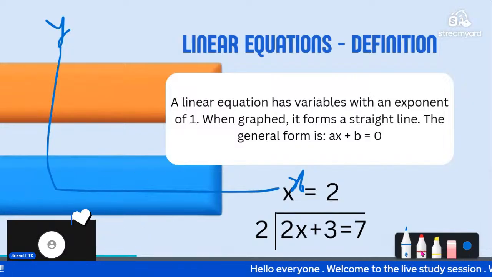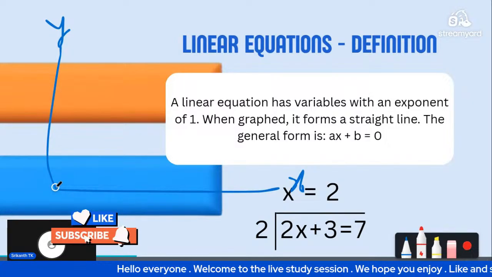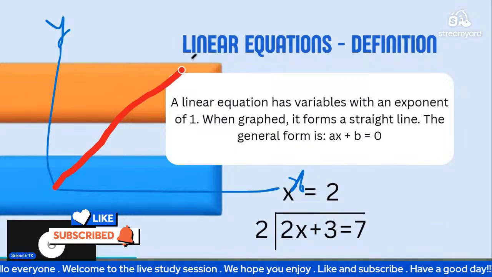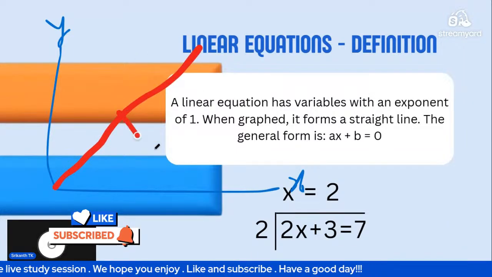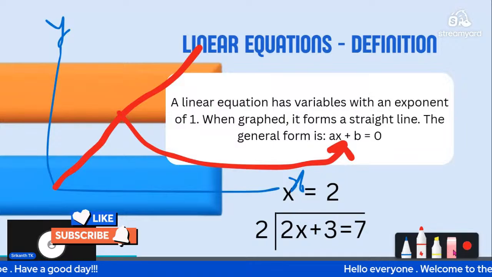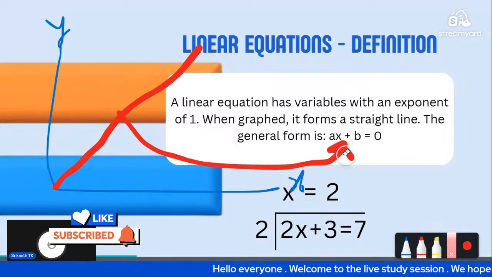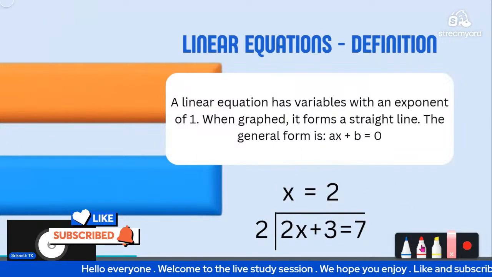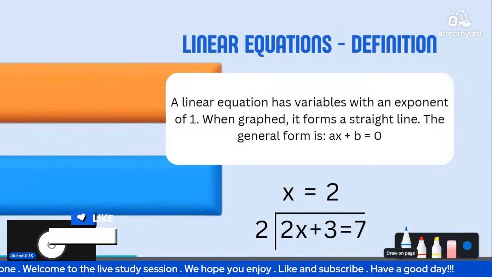When I mean a line, I mean one really straight. I hope you have understood about straight lines. We'll be talking more about this in the graphs, not right now.